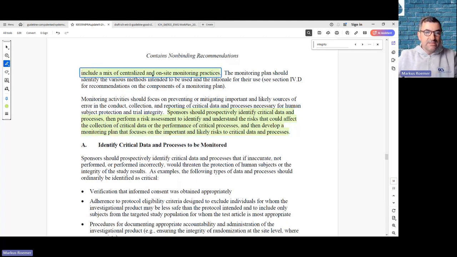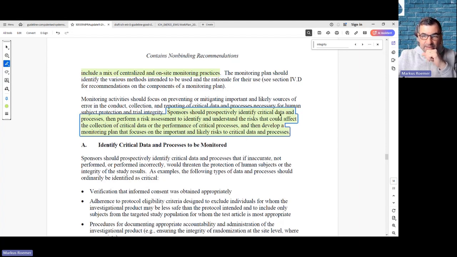So include a mix of centralized and on-site monitoring practices. Sponsors should prospectively identify critical data and processes, then perform a risk assessment to identify and understand the risk that could affect the collection of critical data or the performance of critical processes, and then develop a monitoring plan that focuses on the important and likely risk to critical data and processes.